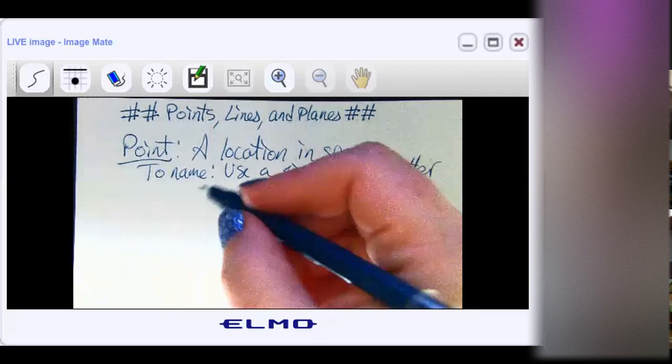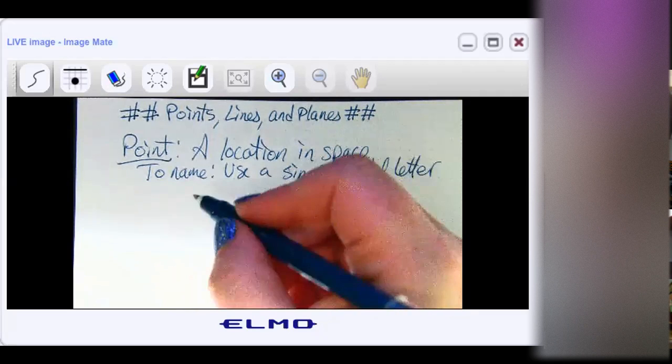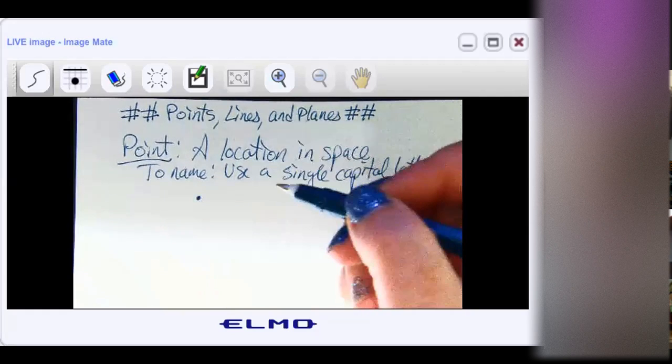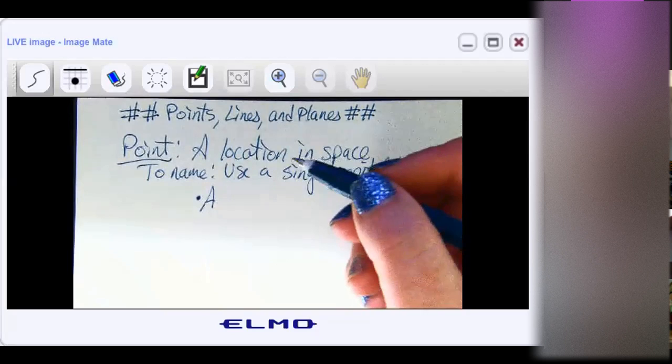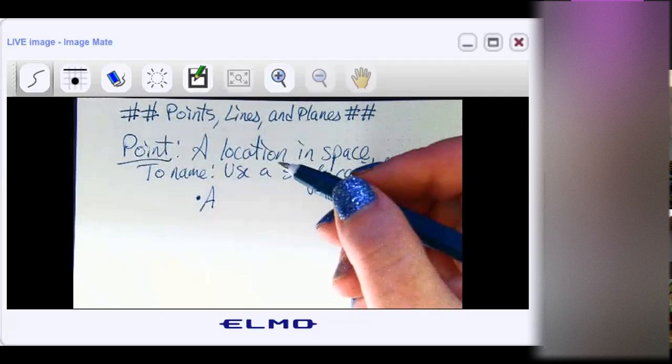So if I wanted to show you a point on my paper, for example, we just put a dot to represent there's my point, and then I just name it with whatever capital letter I feel like using.